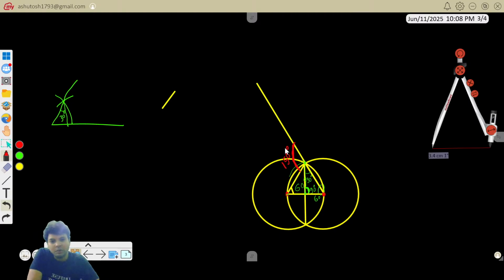Also, what we can do here is draw one line from here at 90 degrees to this radius line, and this cuts. So what is this angle?